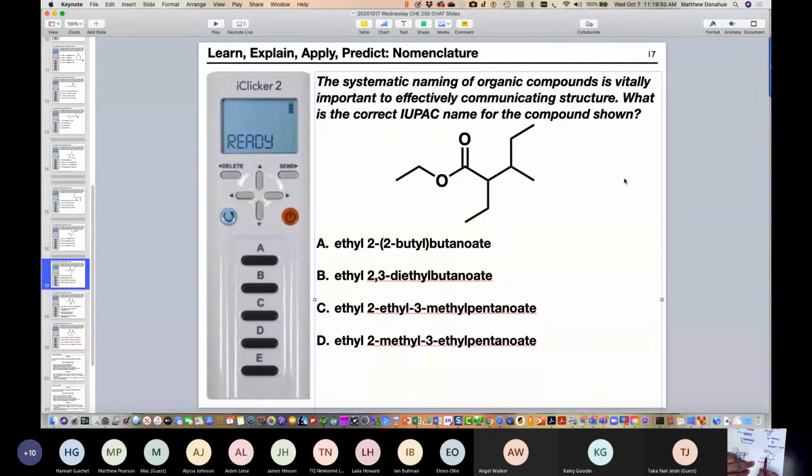So how many carbons do you see here on the alcohol portion? So there's 1, 2. So C2 is ethane. So this is named as a derivative, so ethyl. Ethyl and then space. And then what's the longest carbon chain over here?